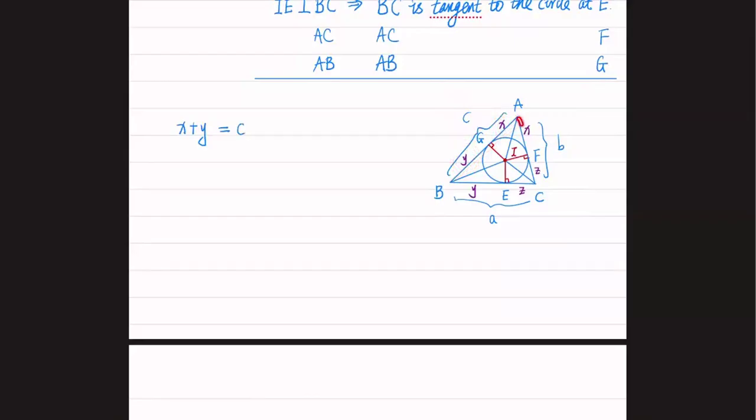Then x plus z is AC, which is our b. Similarly, y plus z is our a.